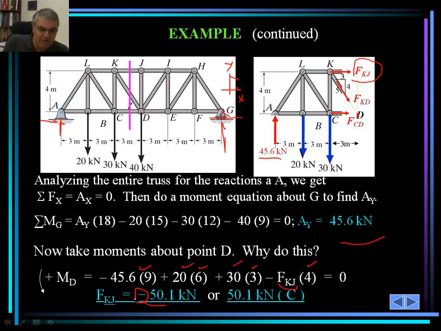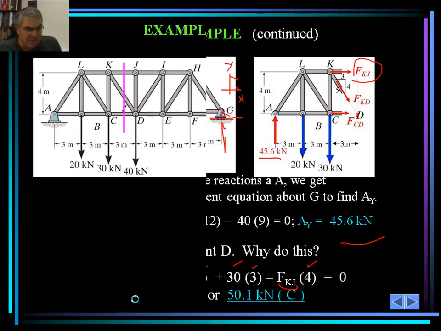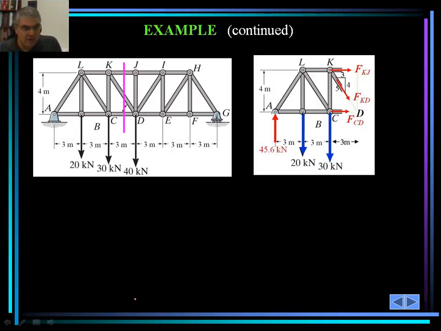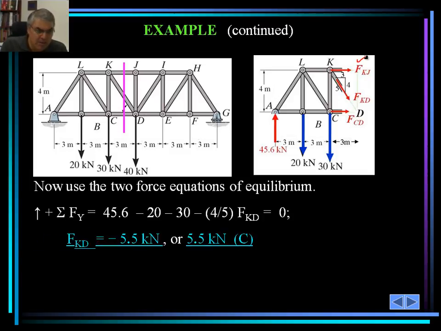That would give us the indication that the original direction of the arrow wasn't correct, and it is actually in compression. Note that I don't change that yet, okay? So I keep that F sub kj the way the direction of the arrow was pointing to the right. However, I'm going to carry the negative sign with me through the calculation.